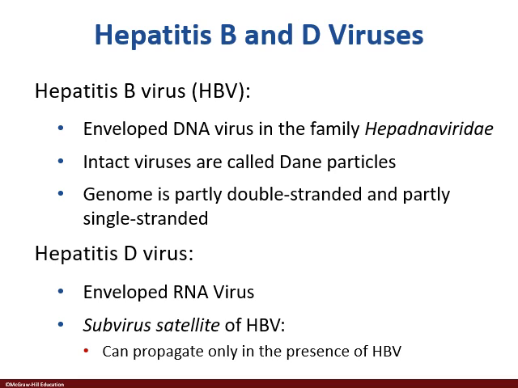A cell that gets infected with D, nothing happens. A cell that's already infected with B gets infected with D, well, now D can propagate. One goes in, hundreds, thousands come out. Apparently, D must harness some of the same cellular machinery that B has already co-opted.